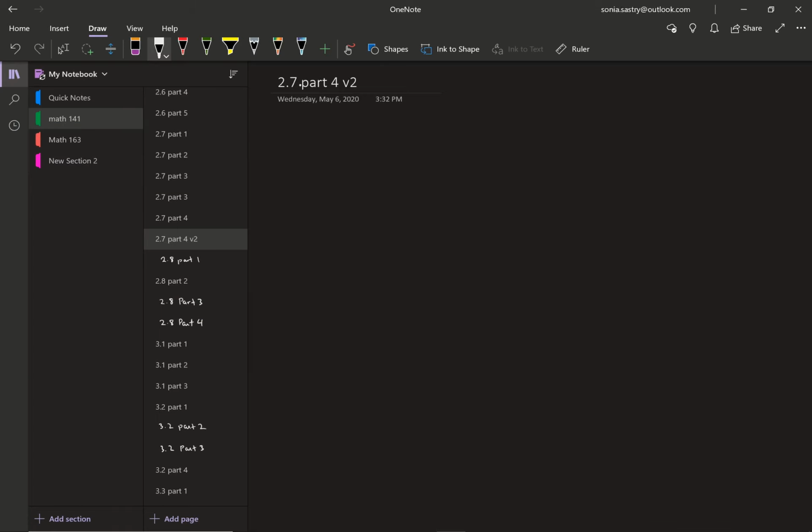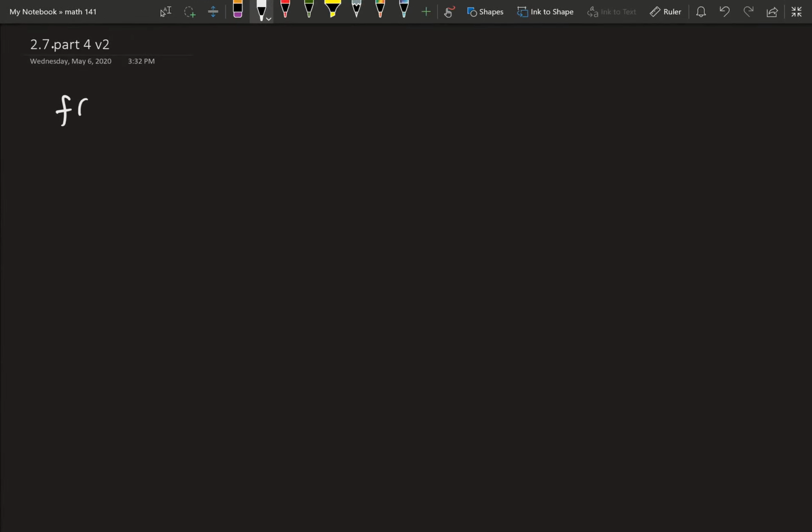Okay, so we're going to finish up 2.7 here, and we left off with an exercise which gave us two functions, 1 over x squared and the square root of 9 minus x. And our task was to first compute f composed with g.